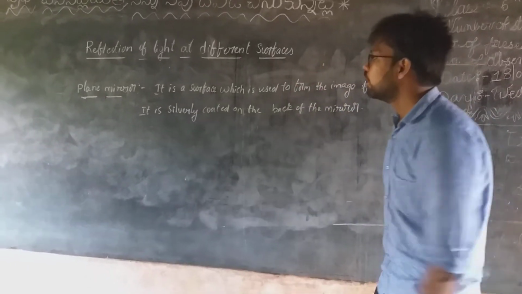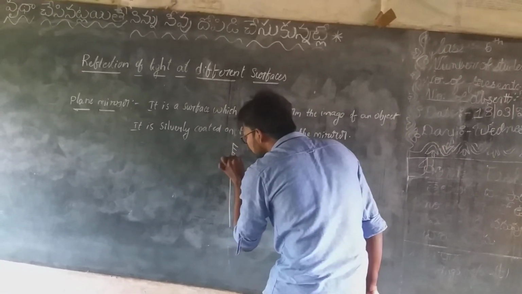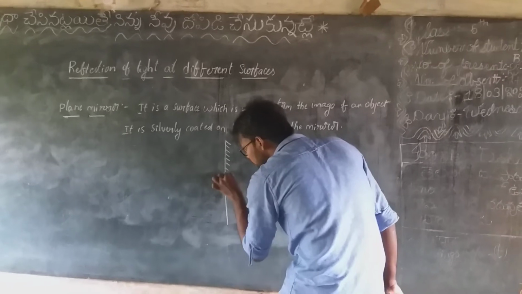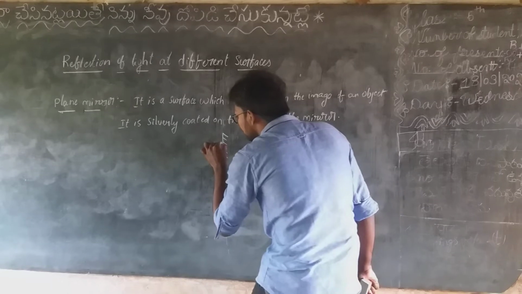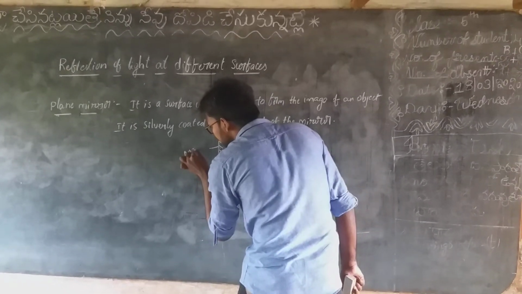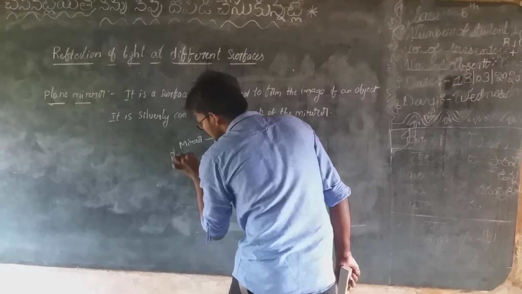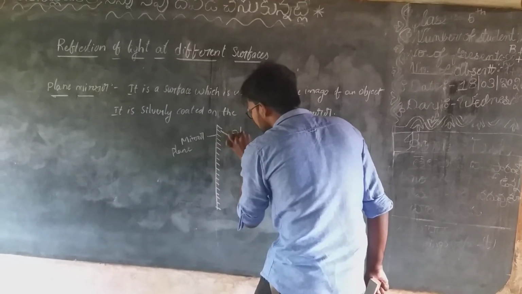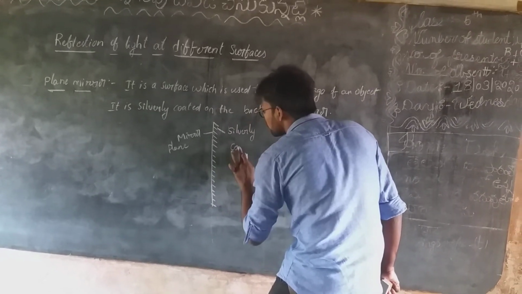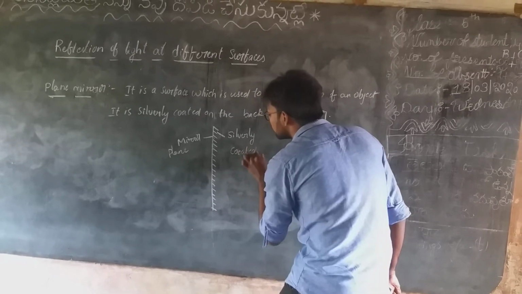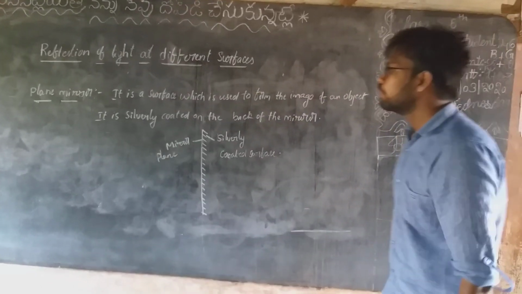I am writing here. This is the silver coated surface. Here it is the plane mirror, and it is the silver coated surface. This is about the plane mirror.